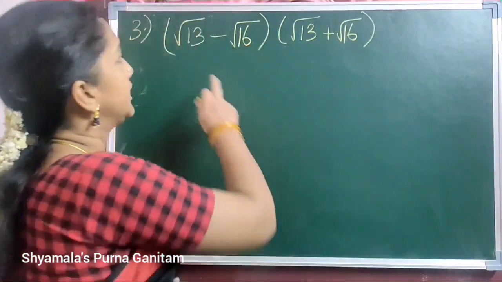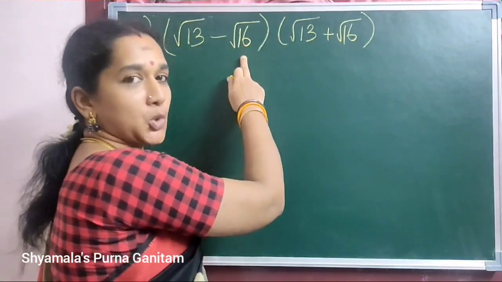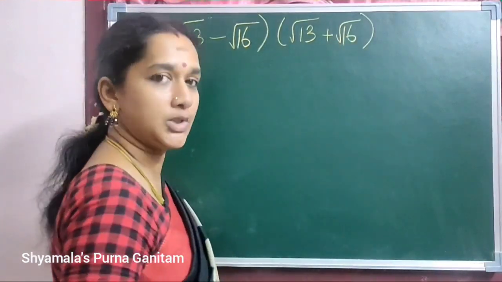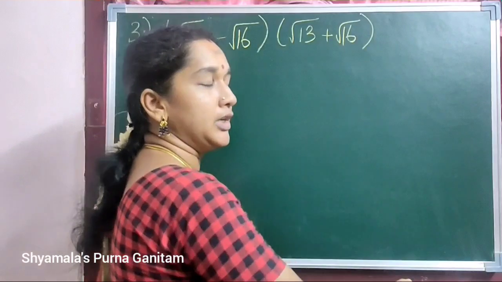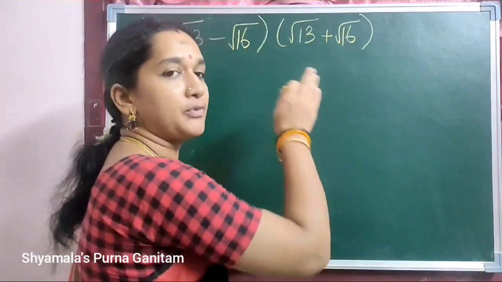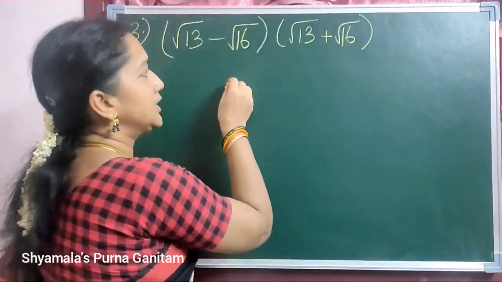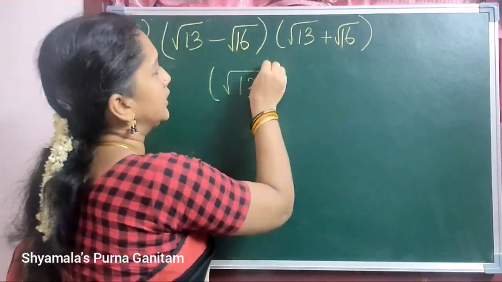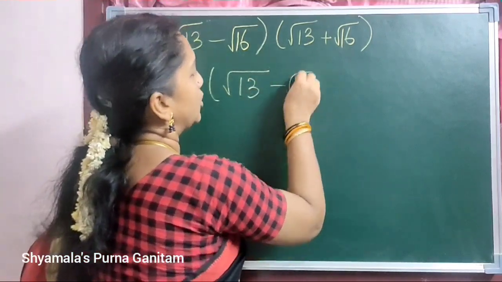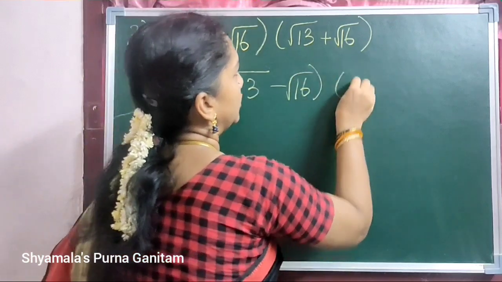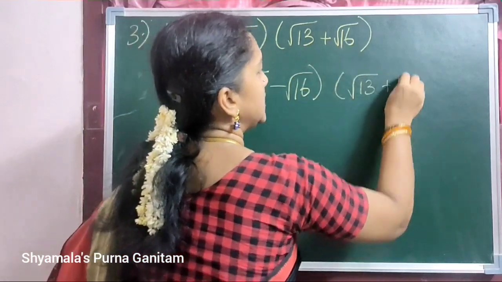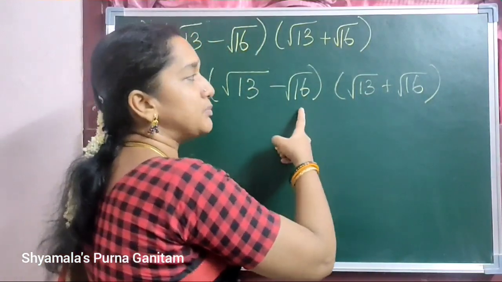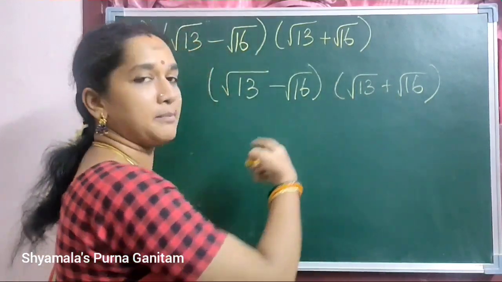Third sum is root 13 minus root 16 into root 13 plus root 16. I have told you few results, with the help of those results we can do this easily. Root 13 minus root 16 into root 13 plus root 16. So this is in the form a plus b into a minus b.